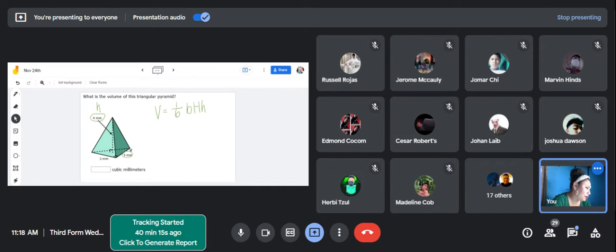What is the 3? The base, okay. And what is the other 3? The other H. What does that other H represent?